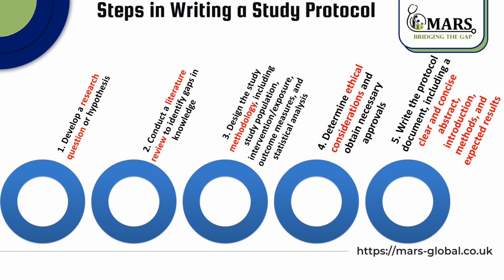Also, the writing step. The main step is how to write it, including clear, concise knowledge in the following items: abstract, introduction, methods, and expected results.